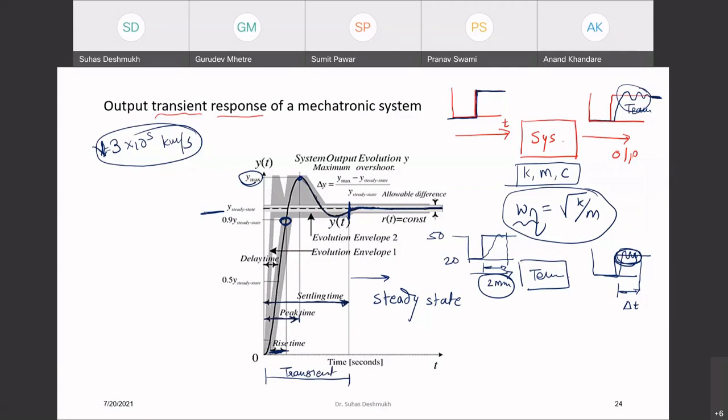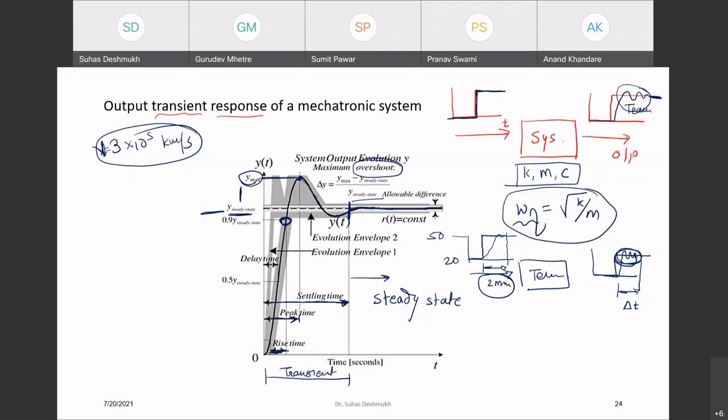And if this is my steady state value and this is my peak value, I reach somewhere in between, and the difference is called the overshoot. This overshoot you can represent with respect to the steady state, as a percentage variation.